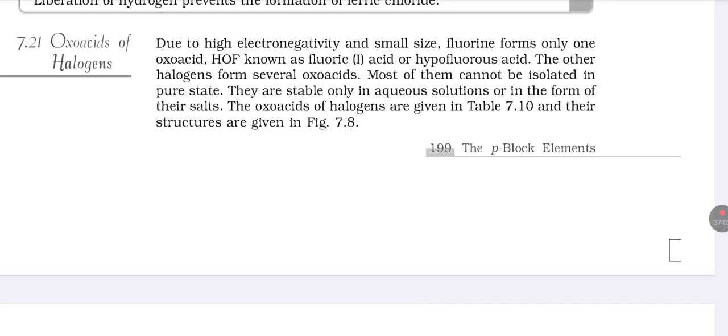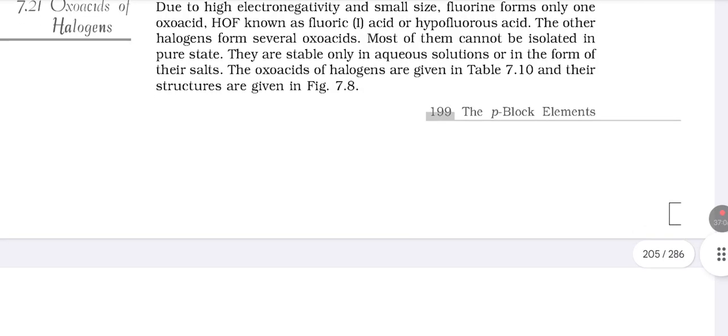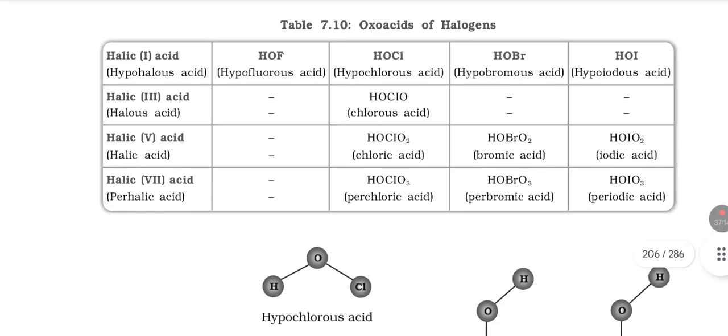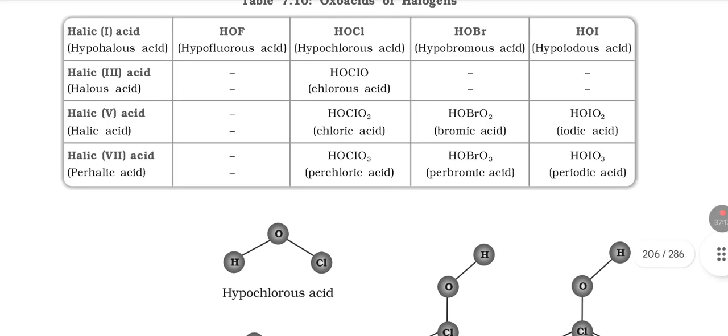Most of them cannot be isolated in pure state. They are stable only in aqueous solution or in the form of their salts. The oxoacids of halogens are given with their structures: halic(I) acid, halic(III) acid, halic(V) acid, halic(VII) acid.